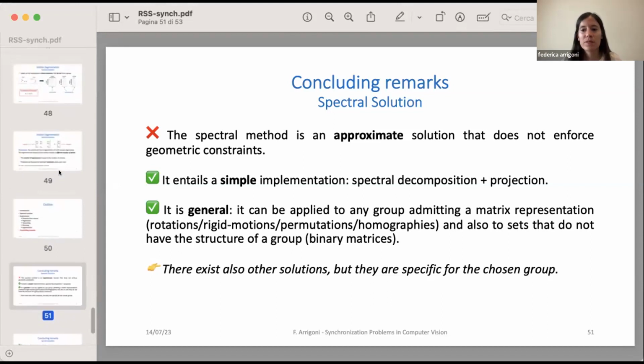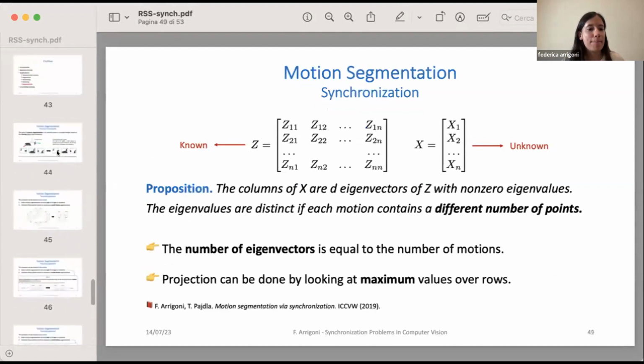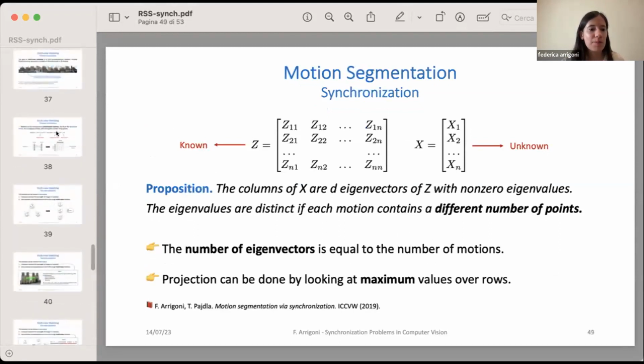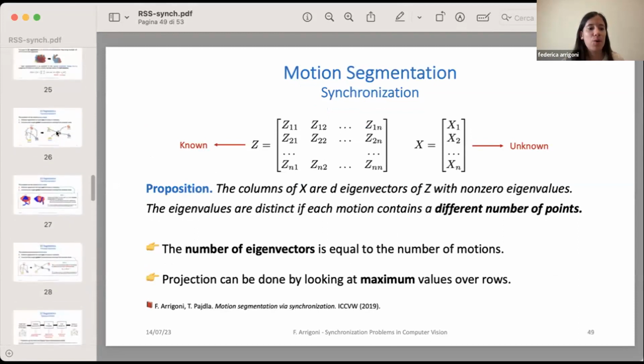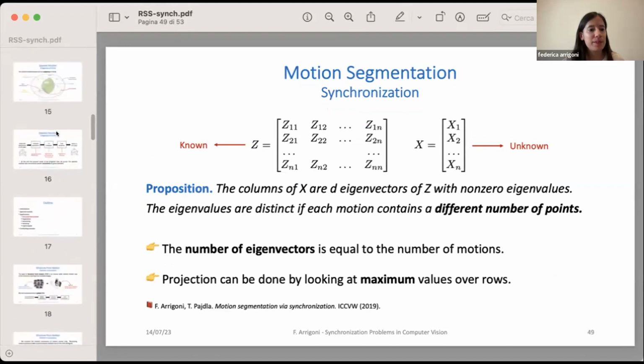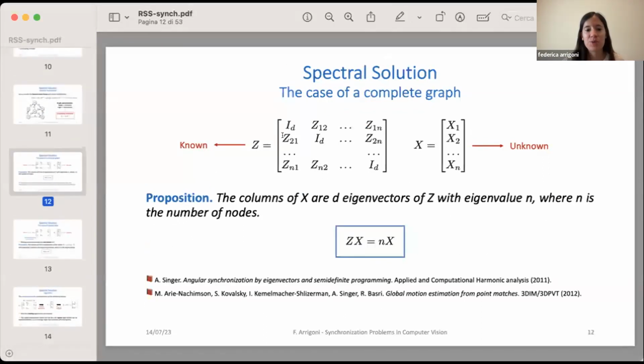Okay, I will start with the last question. Due to time constraints, I did not speak about all the details, but this method can also be extended to some sort of weighted case where we can put a weight on each measure that represents how reliable the measure is.